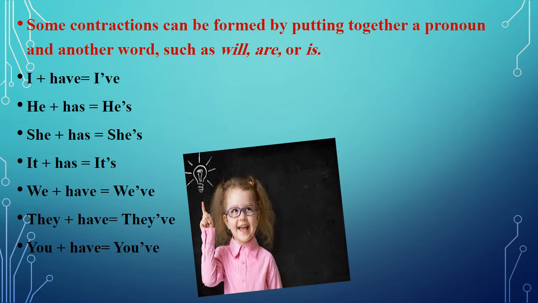They have, cross the HA, replace them by the apostrophe, put them together, we'll have they've. You have, cross the HA, replace them by the apostrophe, put them together, we'll have you've.